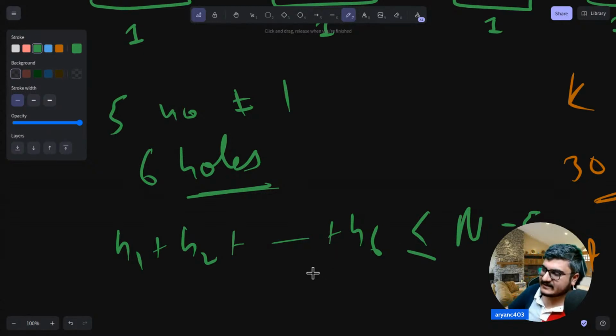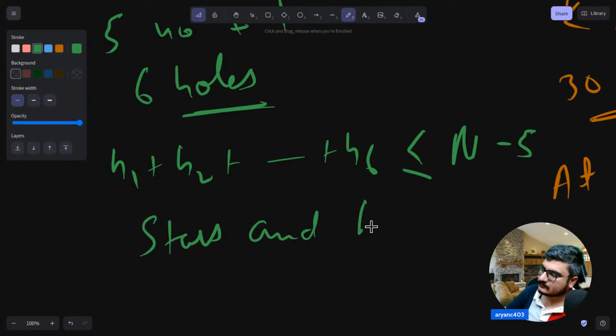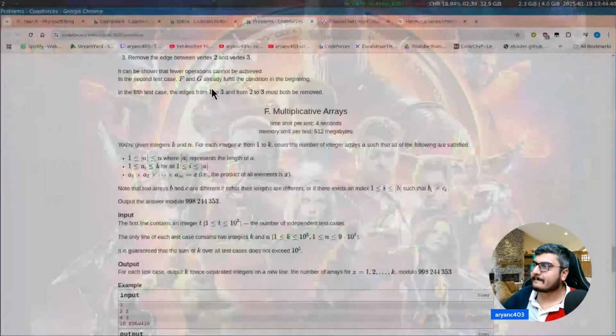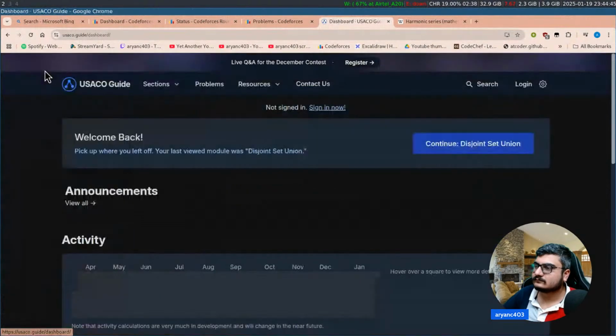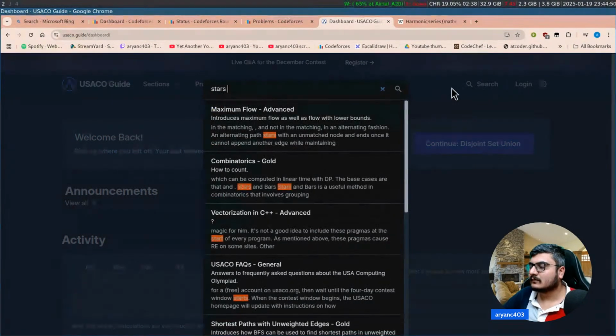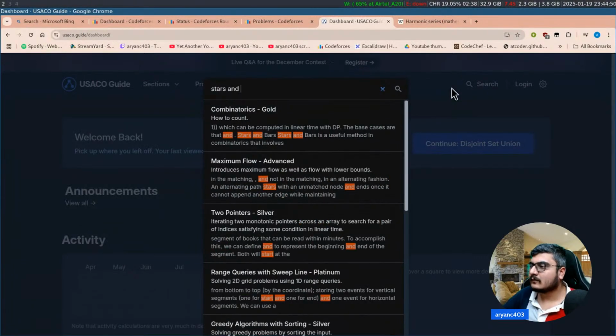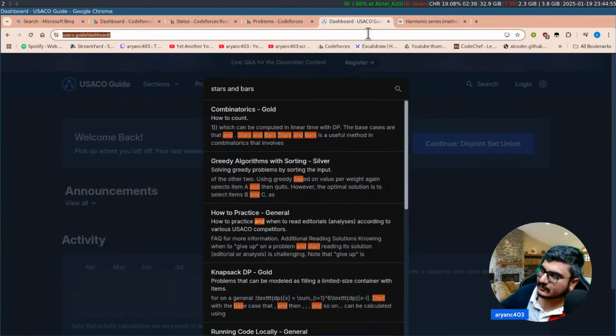And again, there is an nCr formula here, which is known as stars and bars. This is again a famous problem we have. Okay, it's not here, I think it's on CPL.